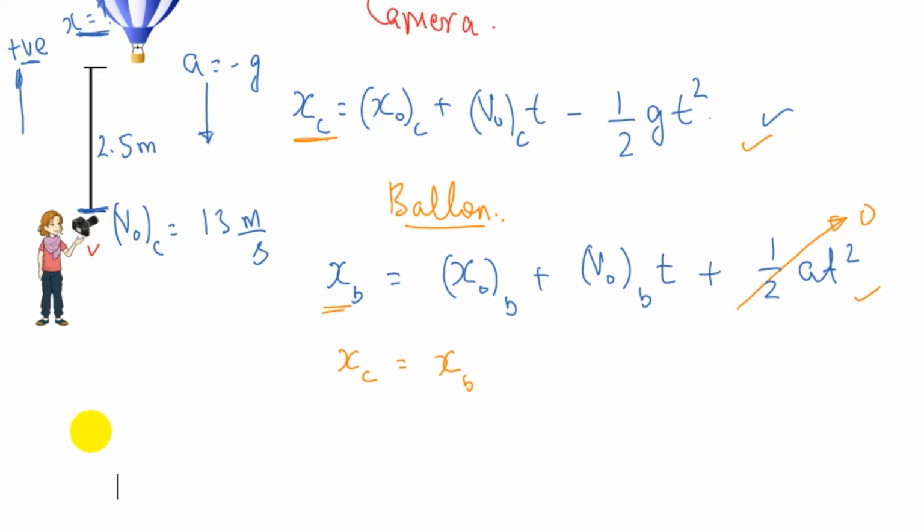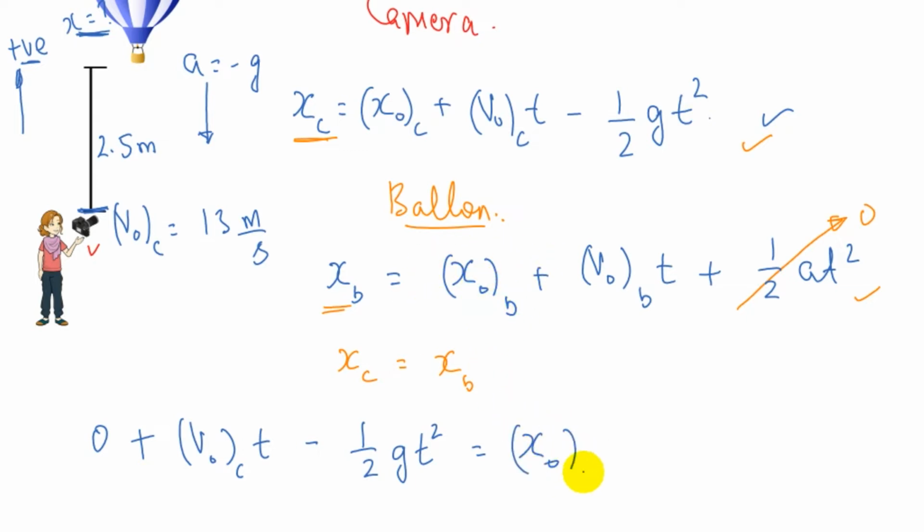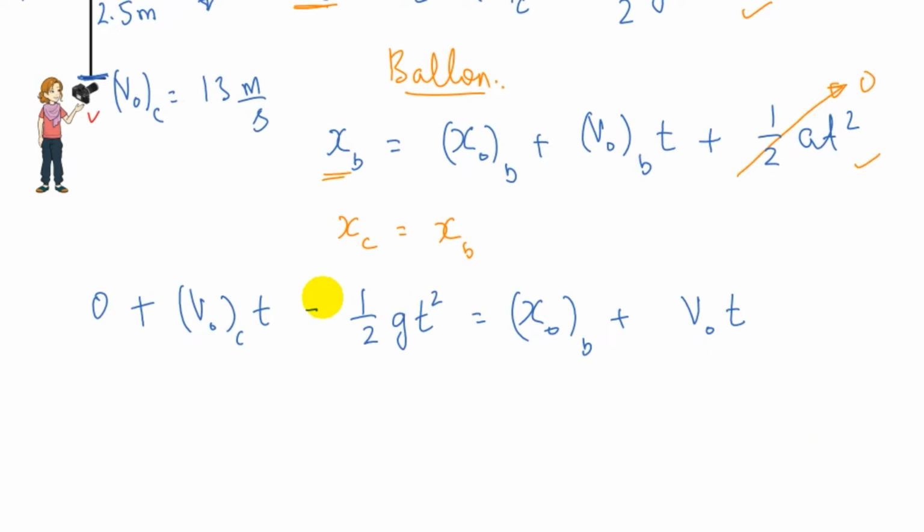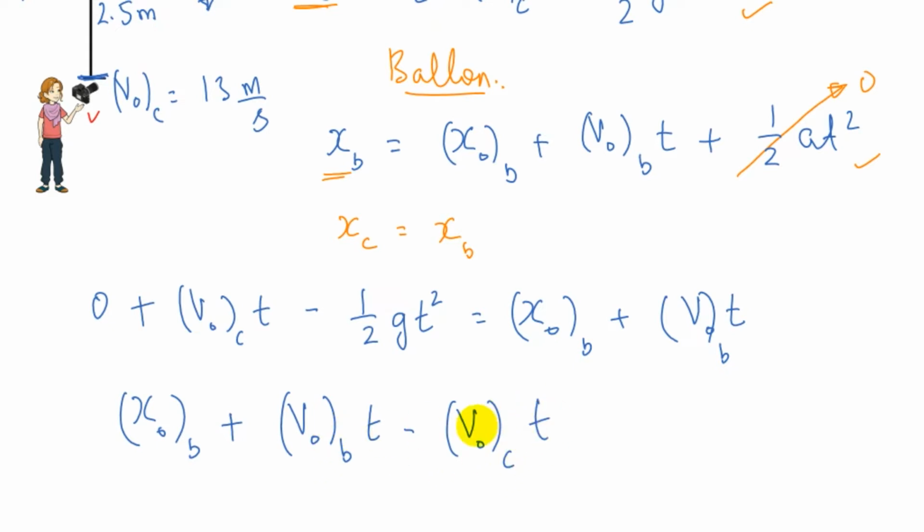So 0 plus v naught c times t minus 1 over 2 g t square is equal to x naught b plus v naught b times t. Now we can take these two terms to the right side: x naught b plus v naught b times t, and minus v naught c times t. Now we can take t common from here, so we can write it this way also.